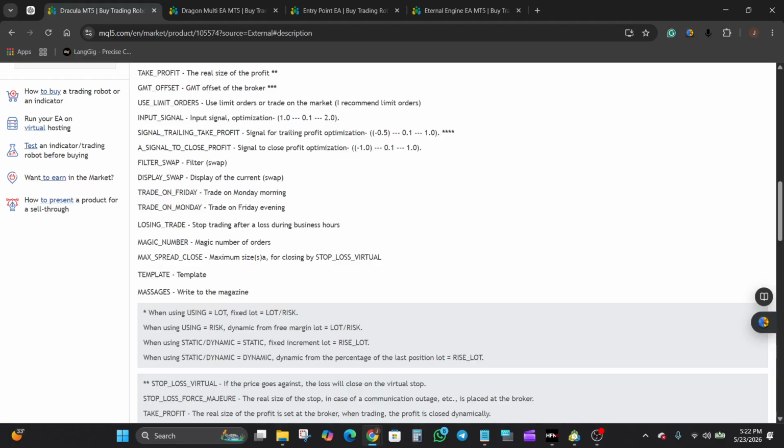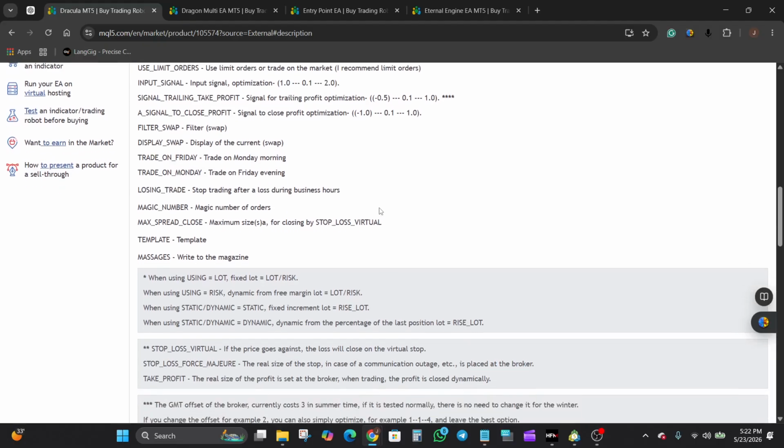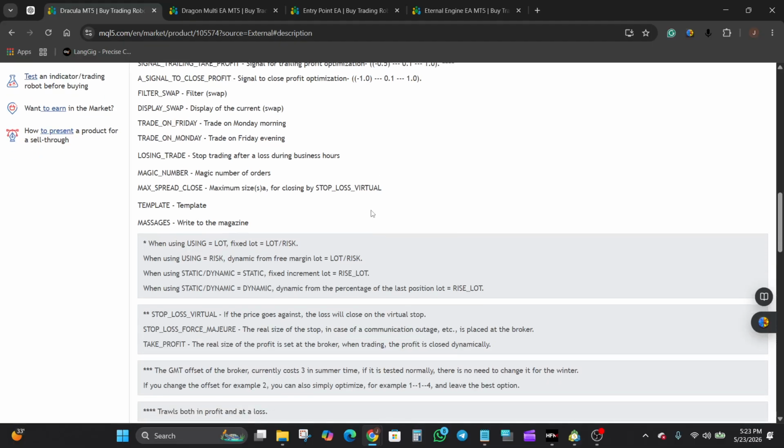Now transitioning into the historical backtesting section, the developer recommends using proper tick history before running tests, which is important because higher quality historical data generally gives a more accurate picture of EA behavior over time.